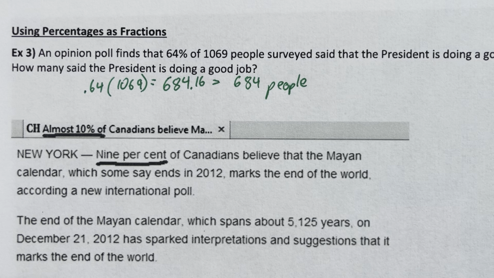So what we're going to do is take 64 and convert it to a decimal. So we're going to move it 2 decimal places to the left. Take 0.64 times 1,069, and we get 684.16. Since I've never met anybody who volunteers to be 0.16 of a person, we are going to round that to 684.